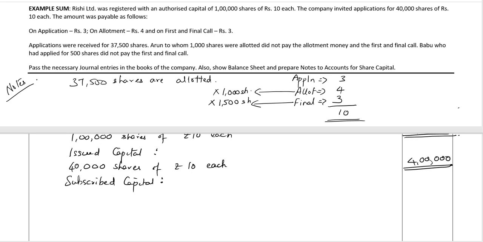We need to check how many shares come under subscribed and fully paid up and how many come under subscribed but not fully paid up.